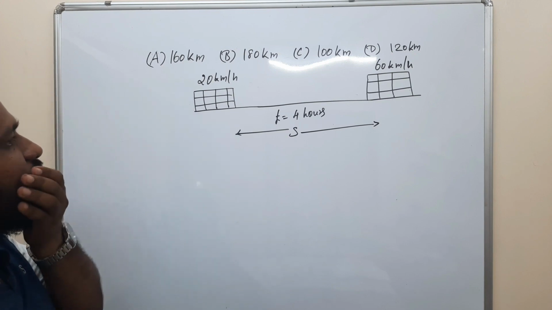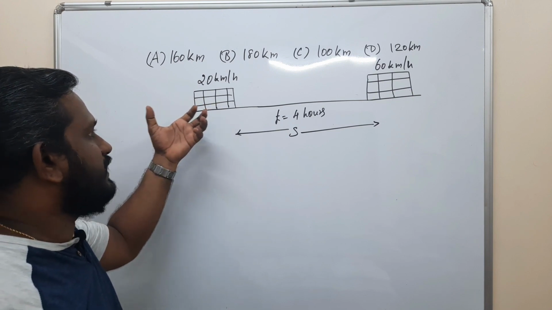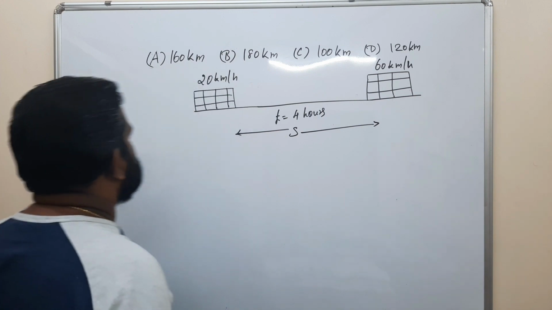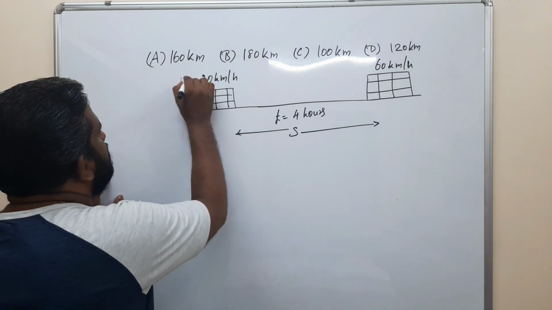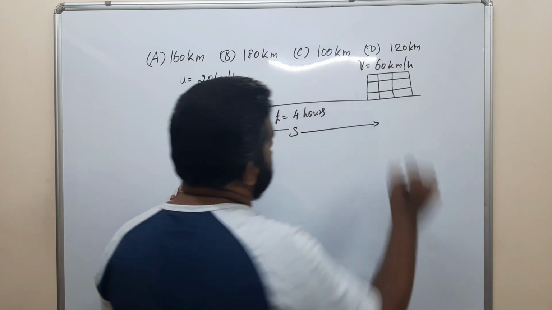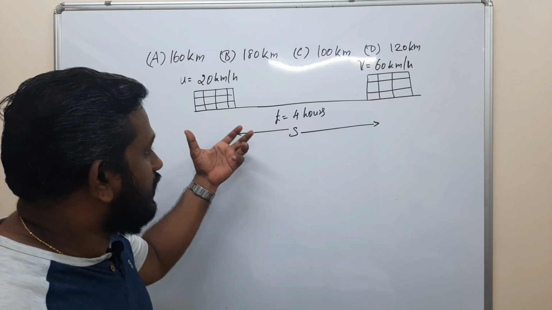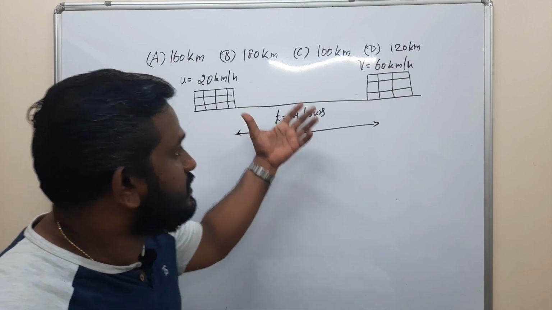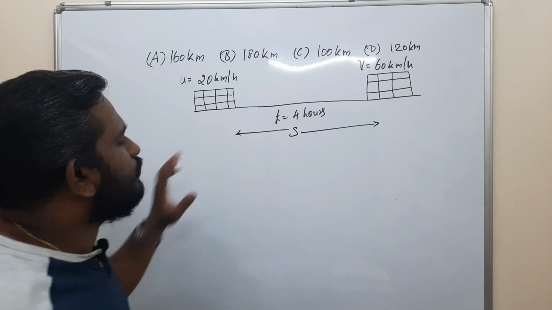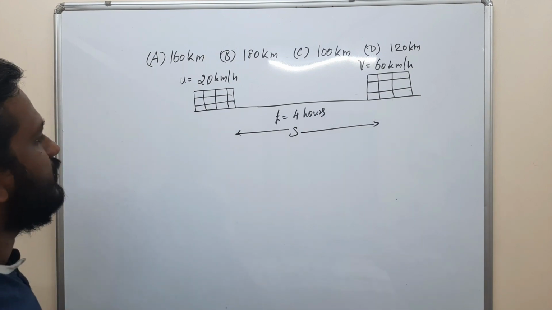So the situation is like this: the speed of the train increases from 20 to 60 km per hour. The initial velocity is 20 km per hour and the final velocity is 60 km per hour, over a duration of 4 hours. We have to find the distance travelled by the train.